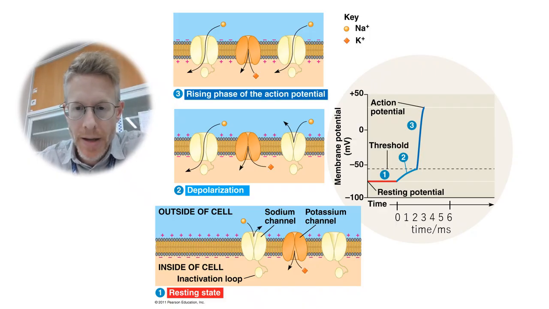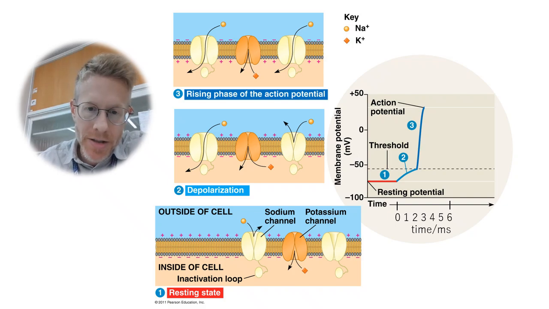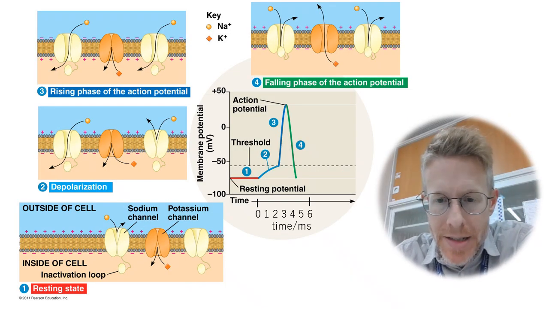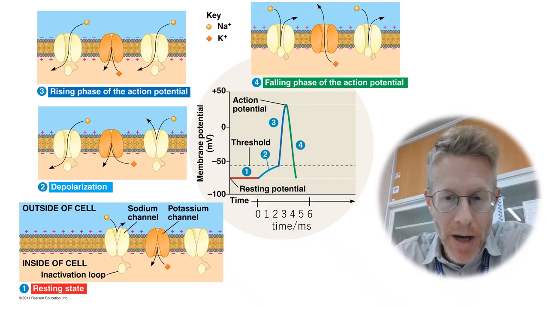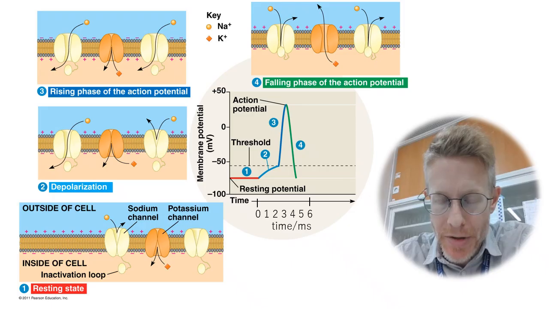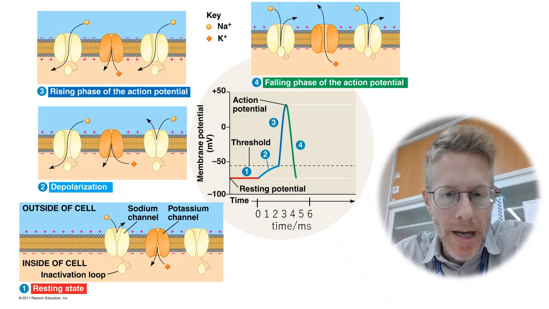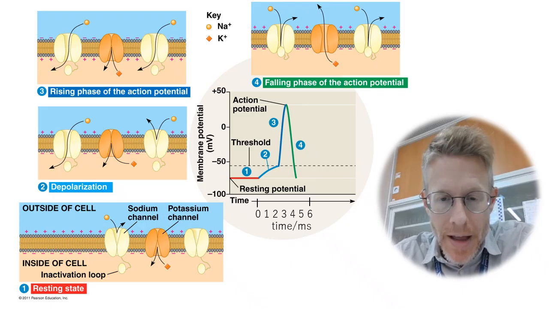After we reach a certain voltage, it triggers the voltage-gated potassium channels to open. That causes potassium ions to then rush out. Remember, they were pumped in. And yes, some of them escaped, but there's still more inside than outside. And so they rush out, and therefore the inside becomes more negative again.